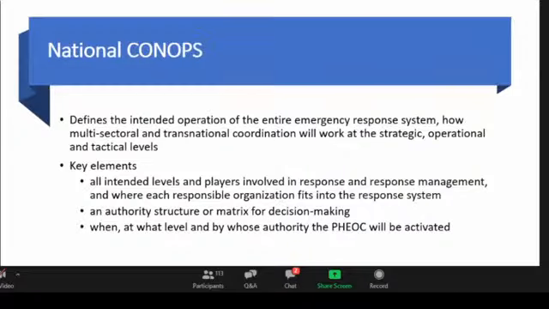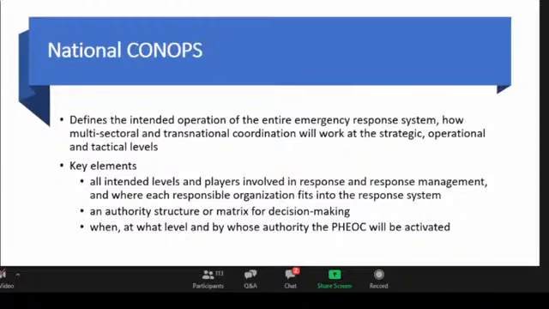So the national Conops, we already mentioned that the difference between Conops and the plan is that the Conops should be part of the plan. And then we have the national disaster management framework, and the Conops can be part of that. But you can also have a separate document, but it should be linked to the national disaster management framework.